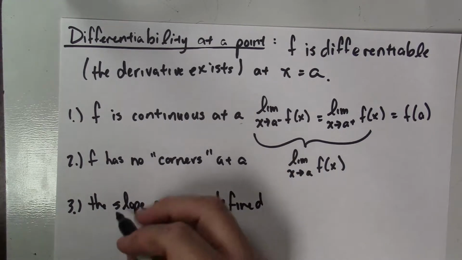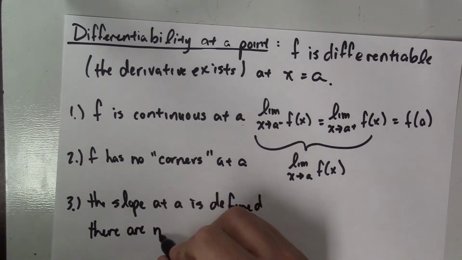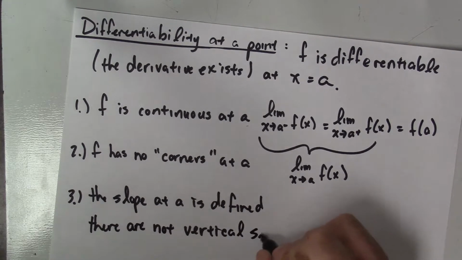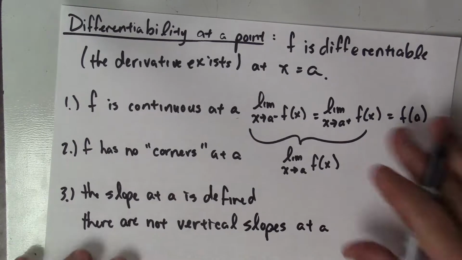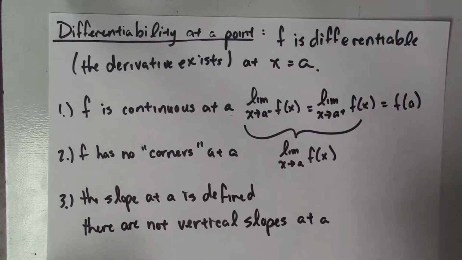Your book says this as there are no vertical slopes at a. What that means is we don't have something going perfectly straight up and down. So I want to run through a couple graphs real quick and just really highlight what this means.